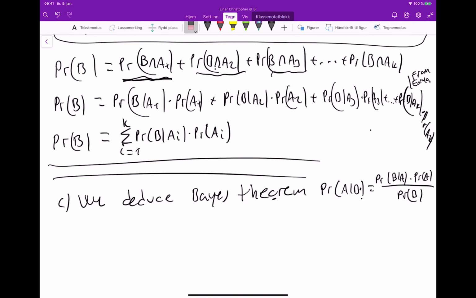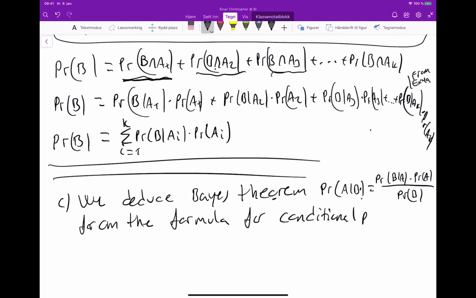We deduce this theorem from the formula for conditional probability.